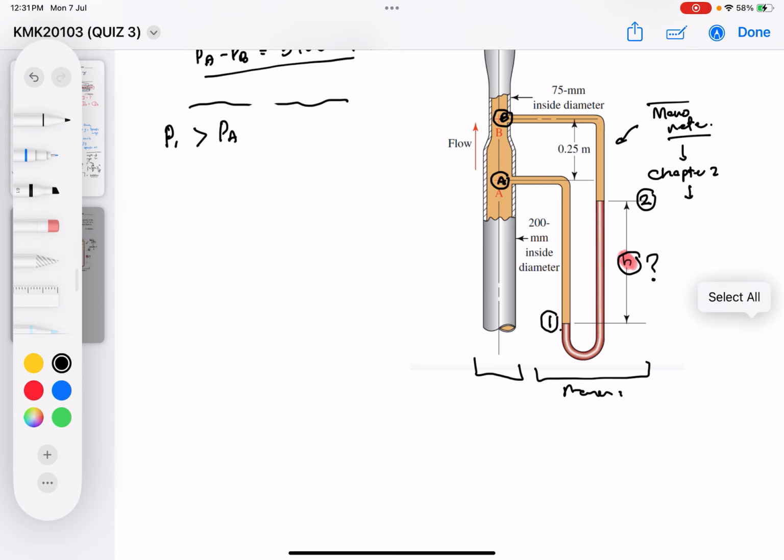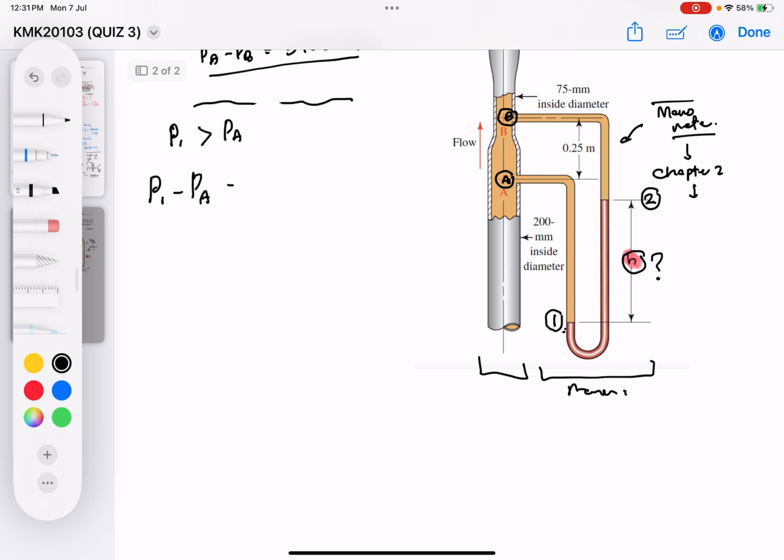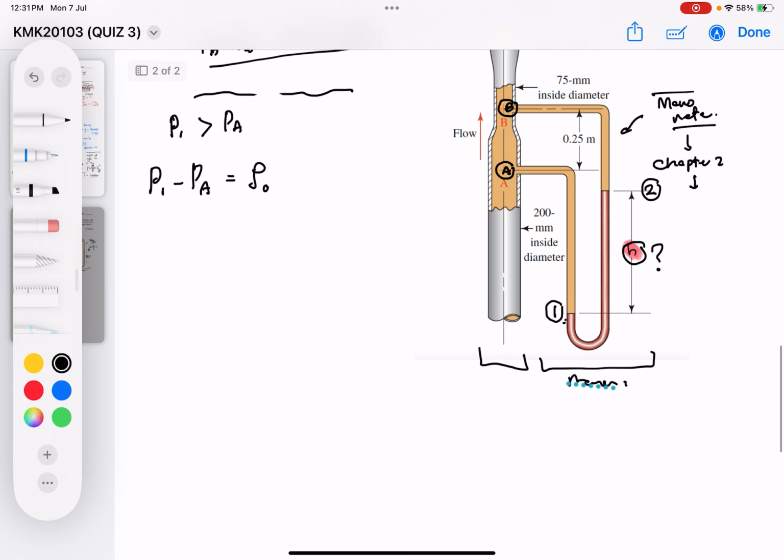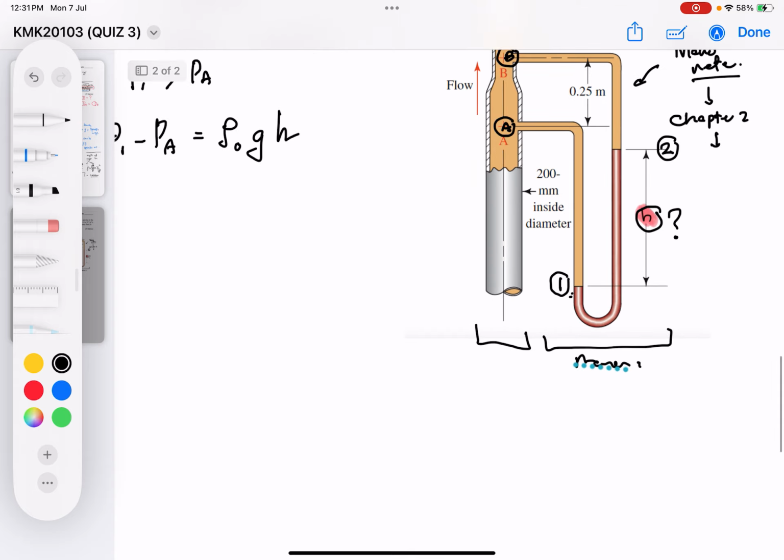Then I can say that P1 minus PA, the difference in pressure between point 1 and point A, equals rho of the oil multiplied by g multiplied by h. In this case, the height difference between point 1 and point A was actually equal to h.